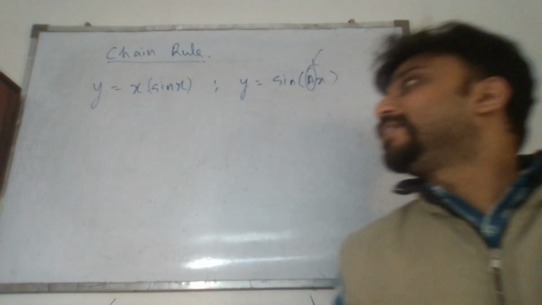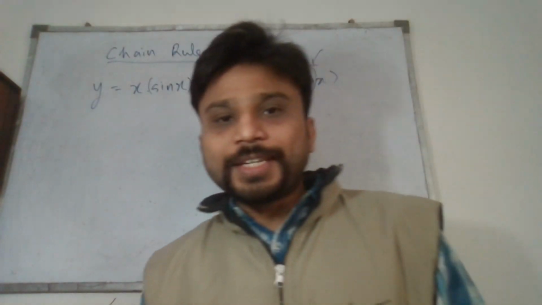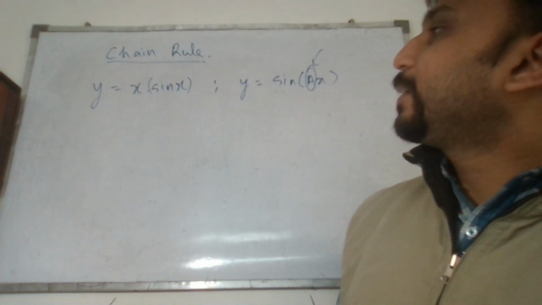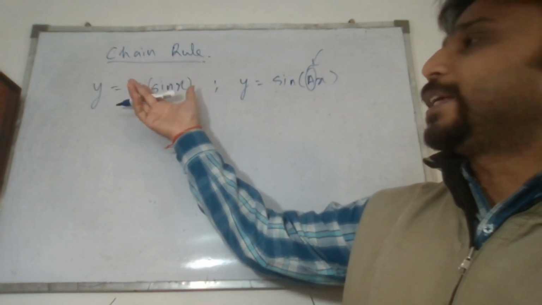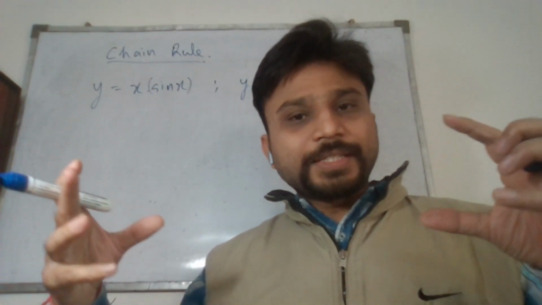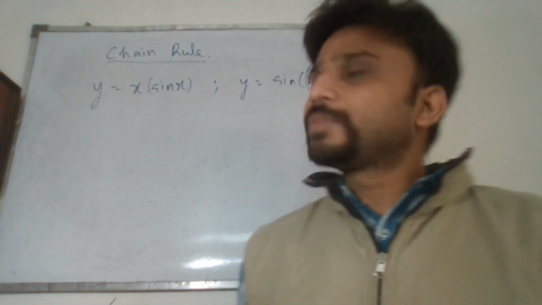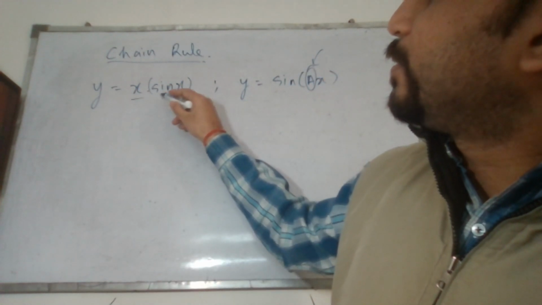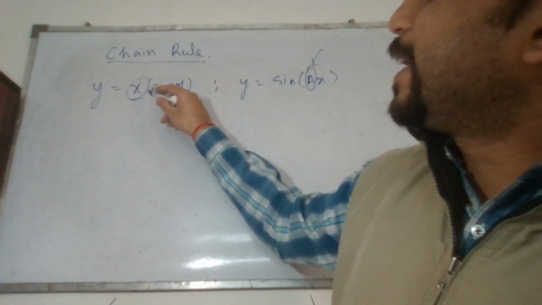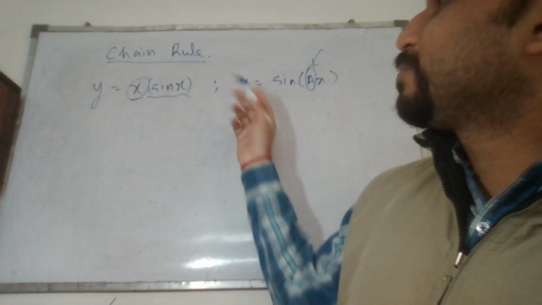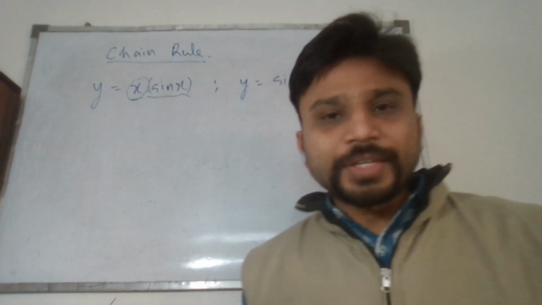So the answer is pretty easy. Chain rule tells us that when we differentiate a term like this, we have an outside inside going principle. In this case, like this, we have x multiplied with sine x. In this case, maybe chain rule we can apply.